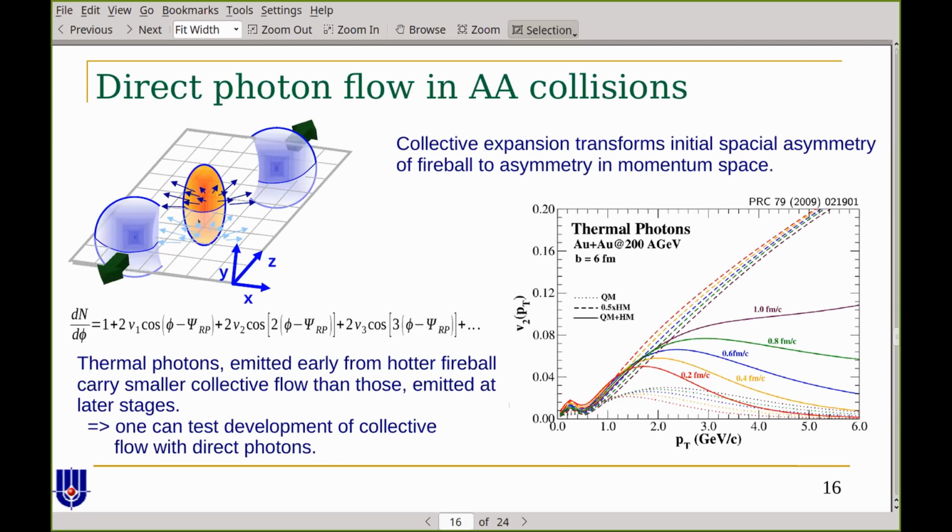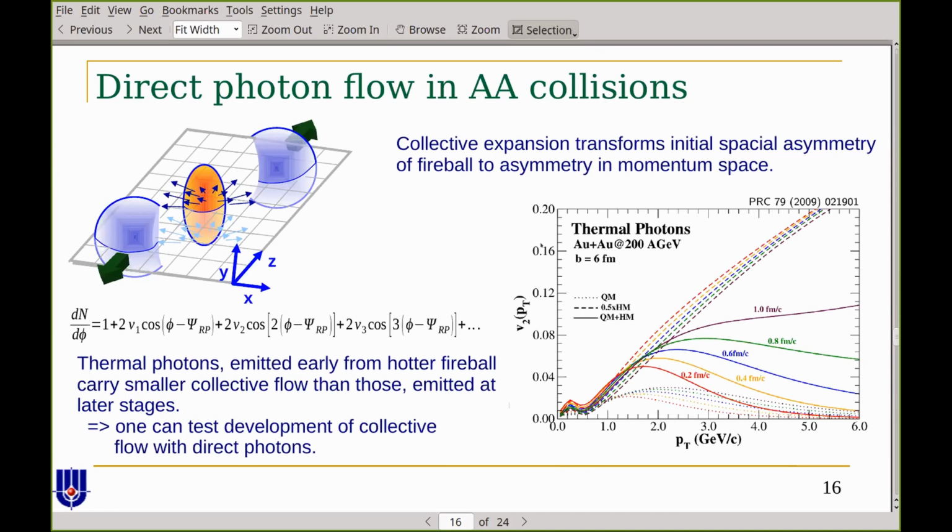It is characterized by an expansion in Fourier series, and we will be interested in the first several variables, which are elliptic flow and triangular flow in this case.